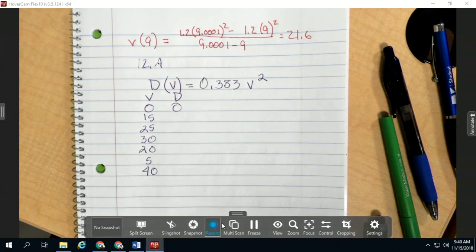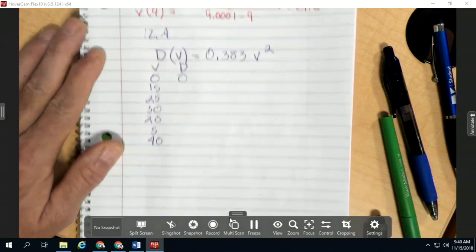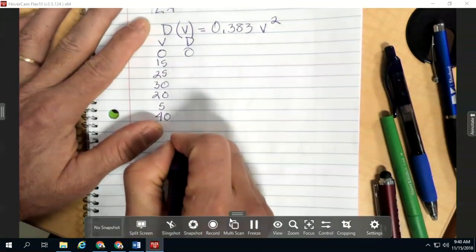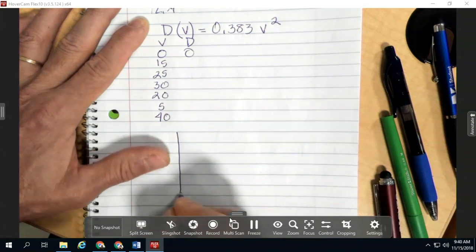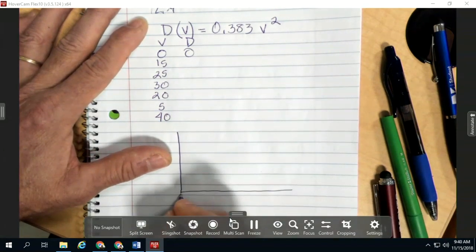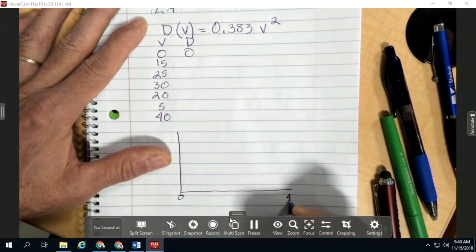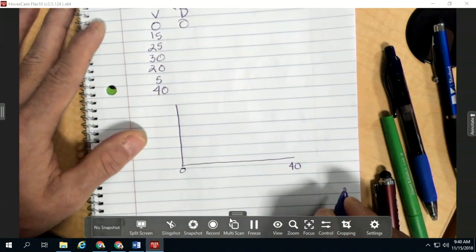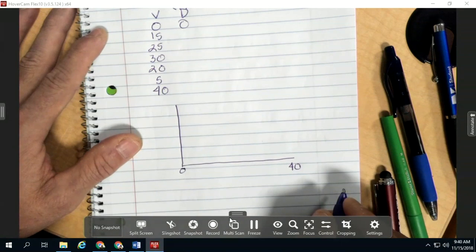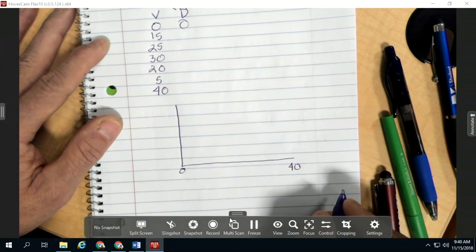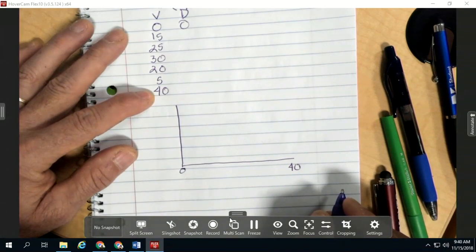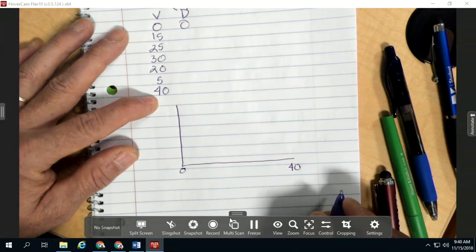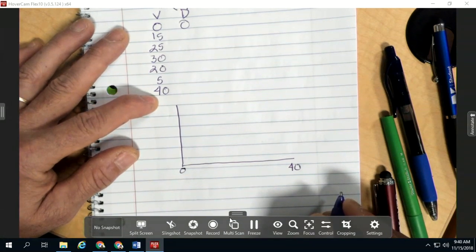And then it says graph those values. Now, before I start filling in the graph, I need to get the biggest number here, which is 40. So what did you guys get for a drag factor on 40?